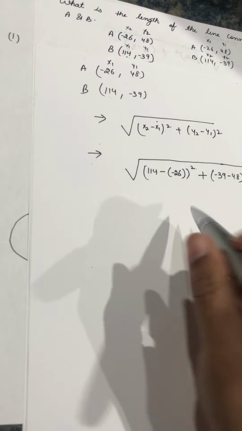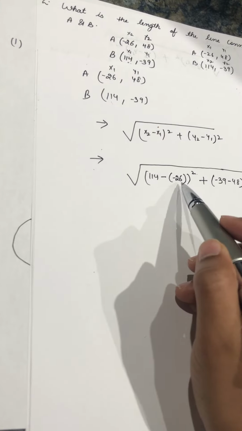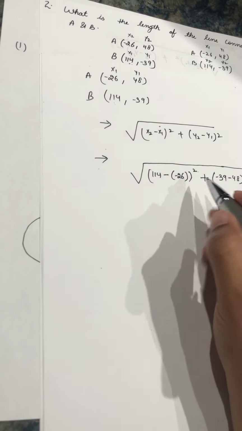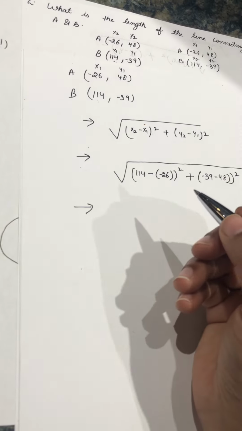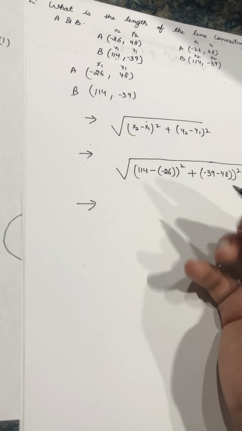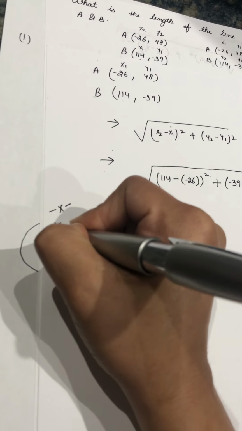If it is a negative sign, even then it will be positive because of the square. As I showed you in the previous method, negative multiplied by negative is always positive.